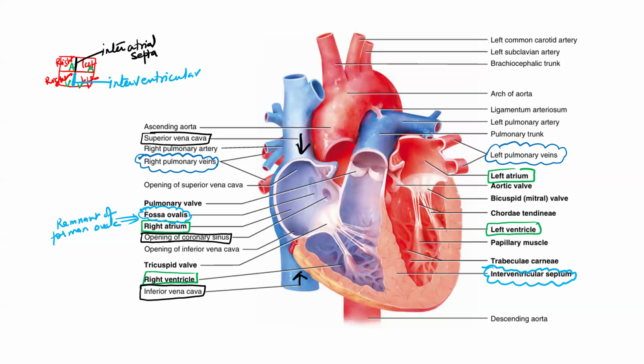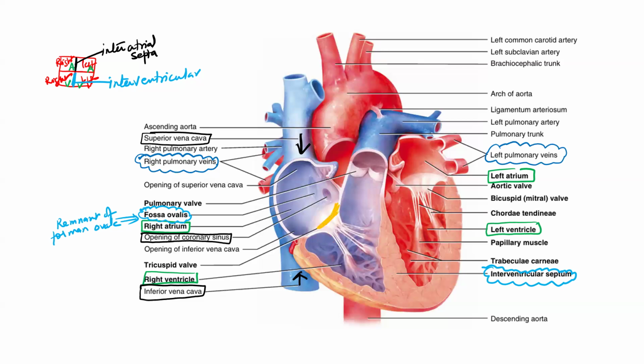From the atria, blood will enter the ventricles. In between the atria and ventricles, the atrioventricular septum is present, on both the right and left sides.